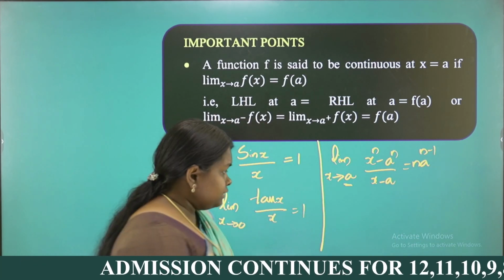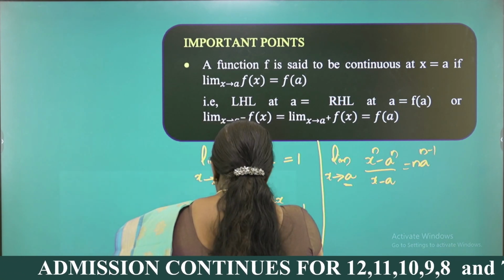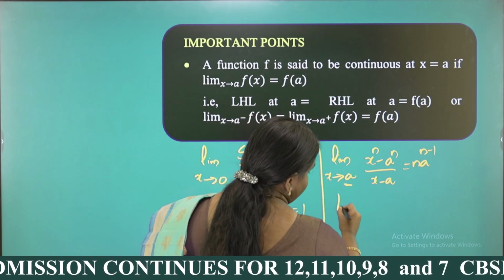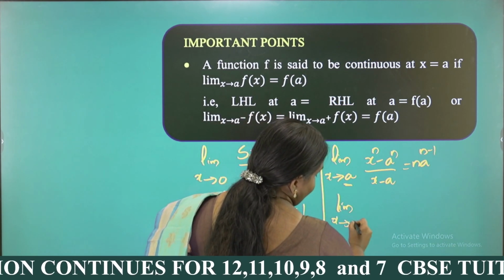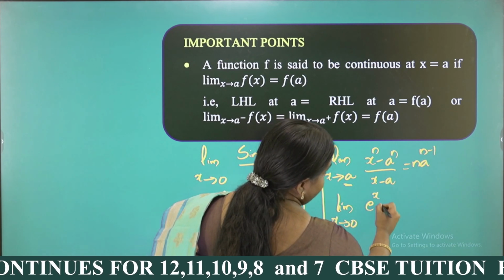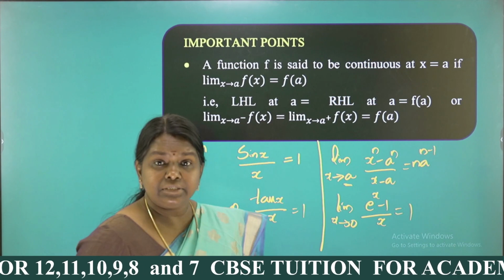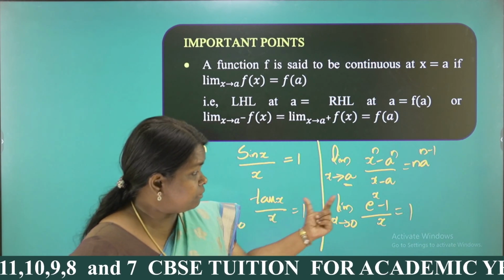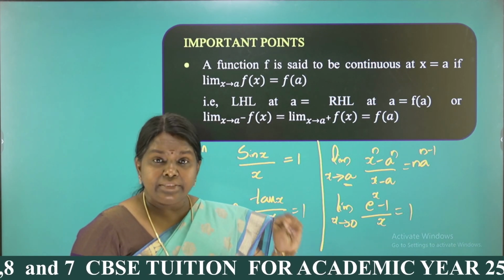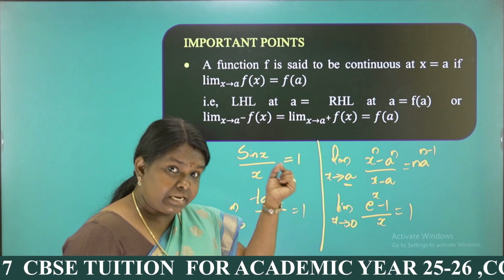Next, limit x tending to 0, e power x minus 1 by x equal to 1, right? Limit x tending to 0, e raised to x minus 1 by x equal to 1. Then what else is there? You can generalize that result.